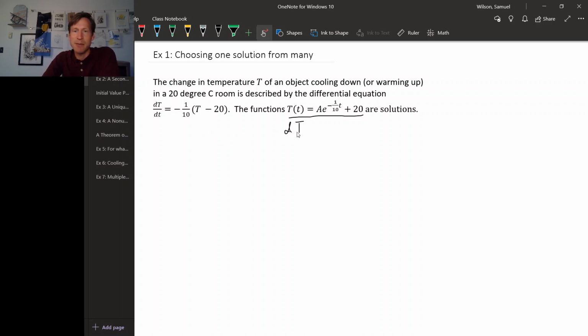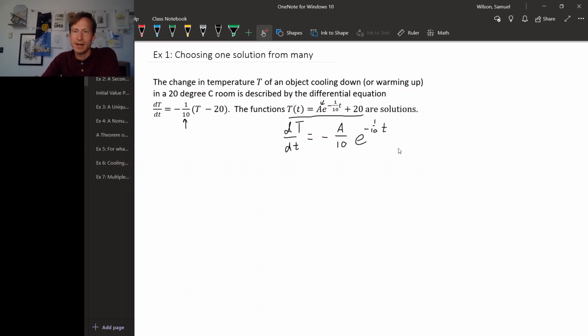So dT/dt. I haven't given units for little t. It depends what the units for little t are, which depend on what the units for this constant are, but let's not worry about time units. Taking a derivative, remember this capital A is a constant, so when we take a derivative with respect to little t, we get minus A over 10 times e to the minus 1 over 10 t.